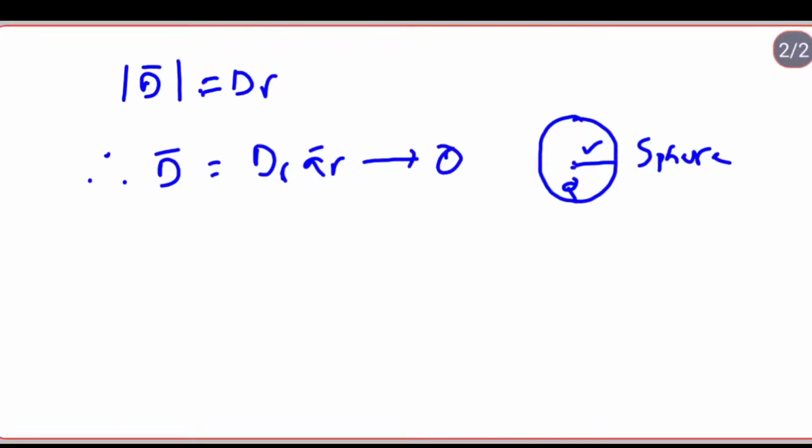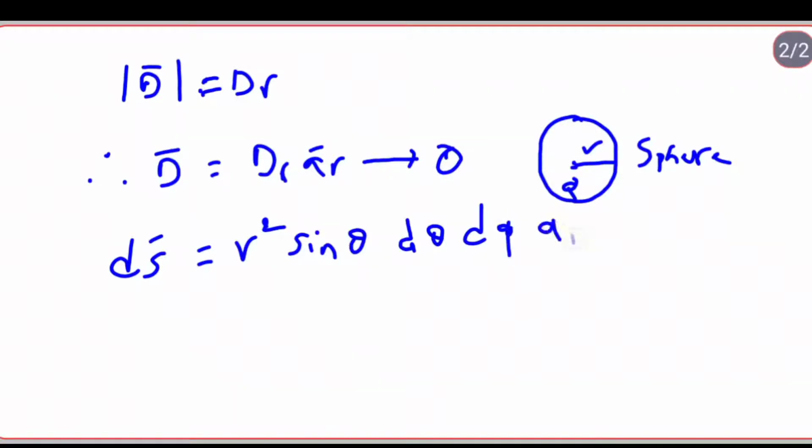After that, let the Gaussian surface be a sphere of radius r enclosing a charge q. For this Gaussian surface, dS is normal to the surface, along ar. dS in the spherical coordinate system is r squared sine theta d theta d phi ar.